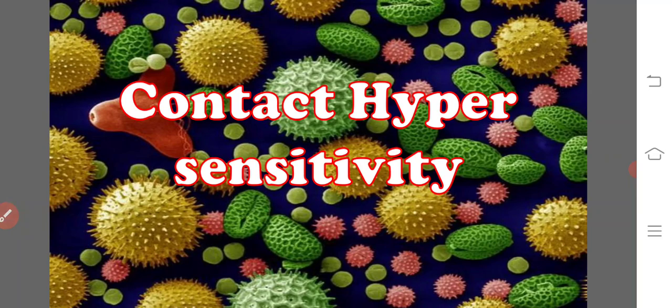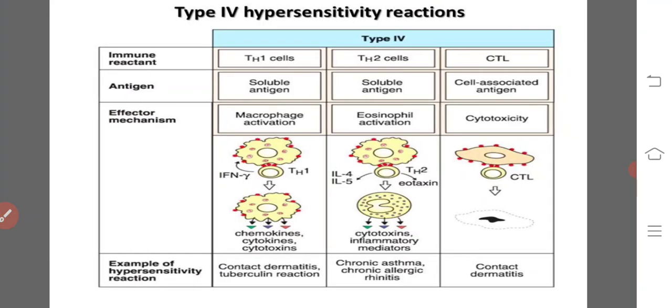Langerhans cells and keratinocytes have key roles in contact hypersensitivity. Keratinocytes produce a range of cytokines important to the contact hypersensitivity response. Here you can observe Th1 cells.